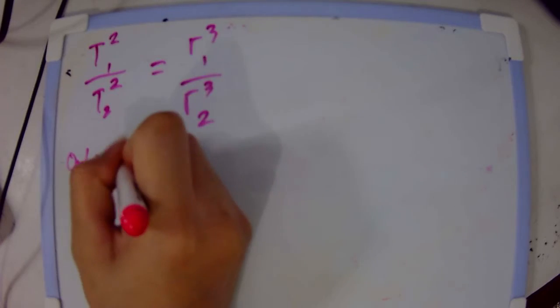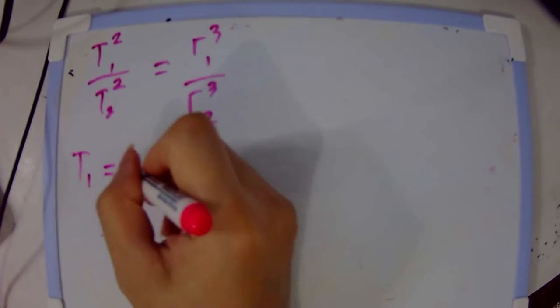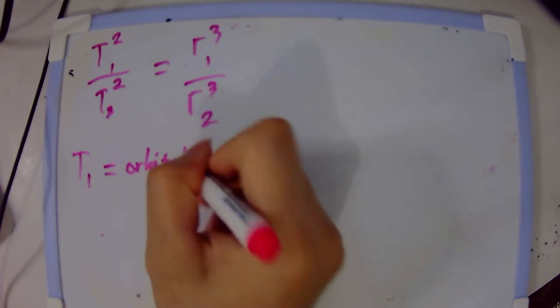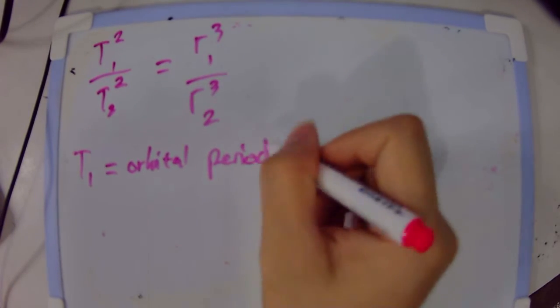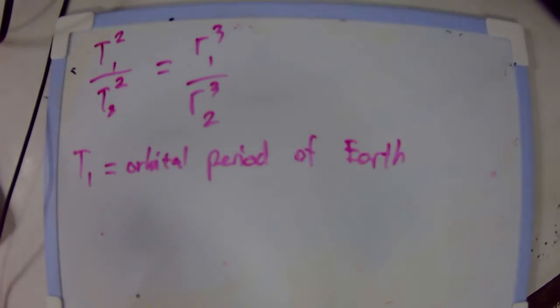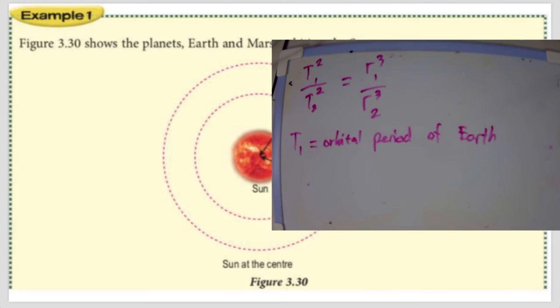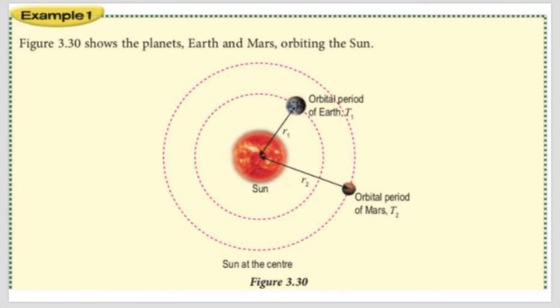So T1 is the orbital period of Earth. This is just based on what's in the graph or in the picture. Let me just move that a bit. All right, and then what else is in the picture? We have the orbital period of Mars, so T2.